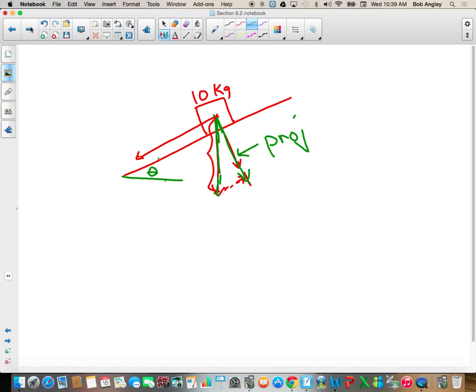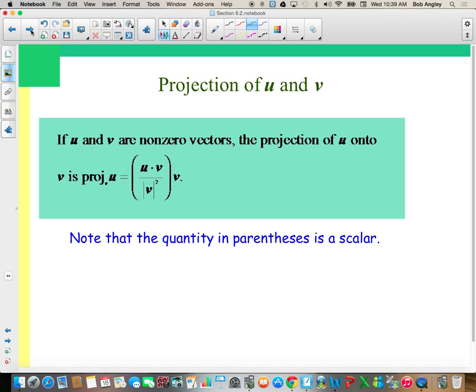Okay, now, there is a formula that we get for this thing, and this formula is related to the angle between the vectors formula. So it says this: if u and v are non-zero vectors, then the projection of u onto v, which is given by this symbol right here, is u dot v over the magnitude of v squared, times the vector v.